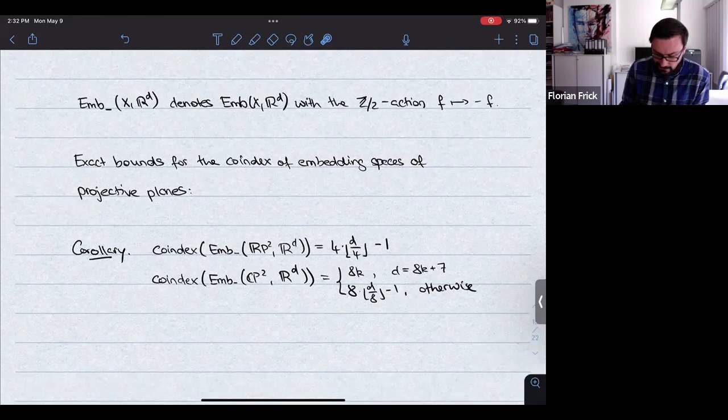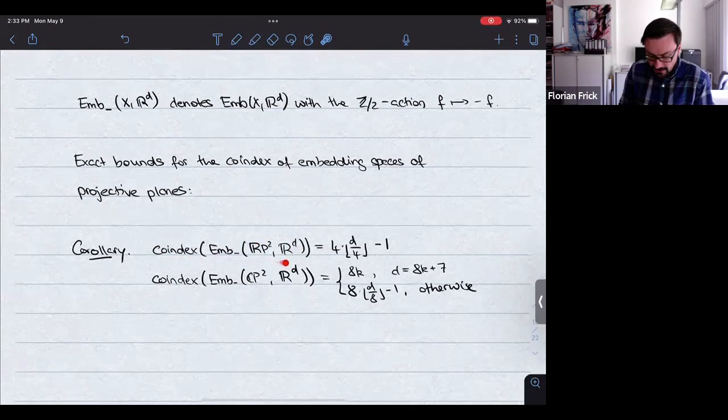On the one hand, one reason why this might be interesting is because we can prove exact bounds. I'll give you a better reason in a second. But here we have exact bounds. For example, for RP^2 in R^d, the coindex, the largest sphere that equivariantly sits in this space, has exactly this dimension.